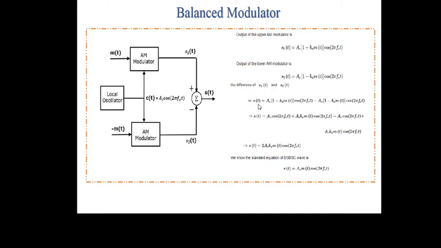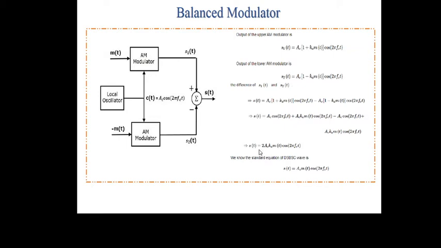The difference between s1 and s2 gives the total output of the two modulators. So Ac [1 plus ka m of t] cos 2 pi fct minus Ac [1 minus ka m of t] cos 2 pi fct. After simplification we get this equation.